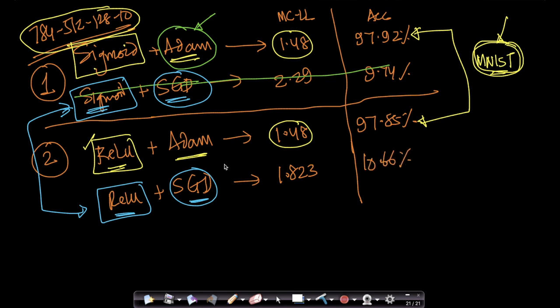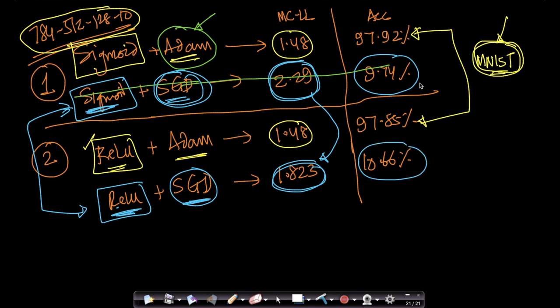Now, this is the fun part. I kept my SGD same, and I just changed from sigmoid to ReLU. By just changing from sigmoid to ReLU in 15 epochs, with the same number of epochs, my multi-class log loss has reduced from 2.29 to 1.83. This is a significant reduction, while there is some improvement in the accuracy also.